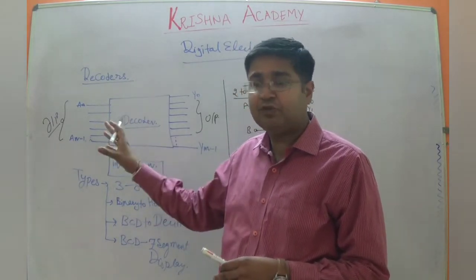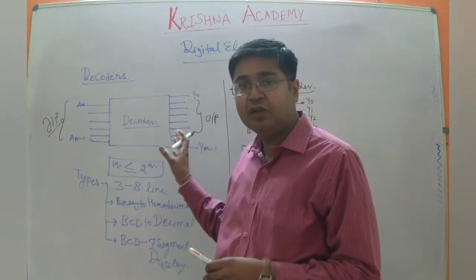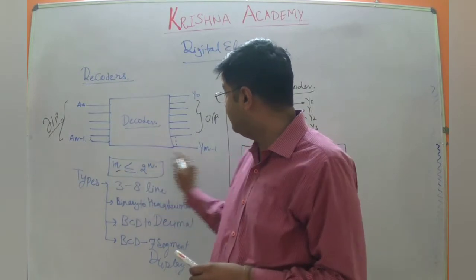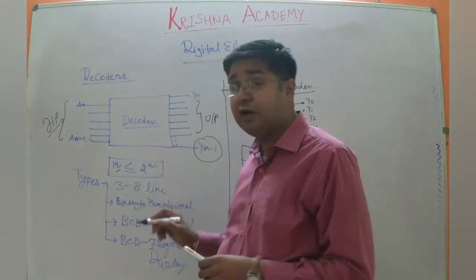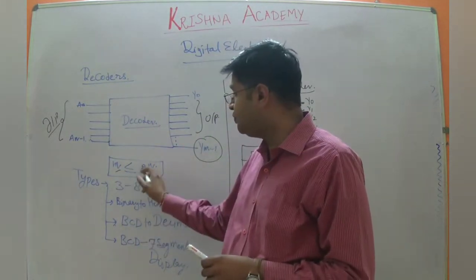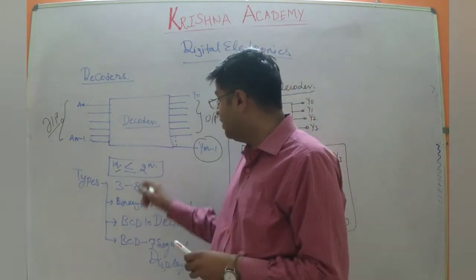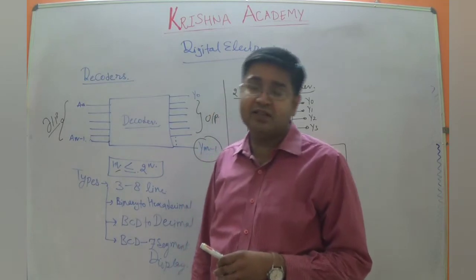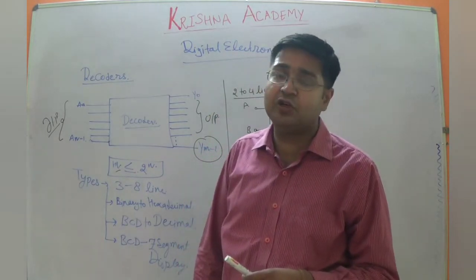A particular input was there and we are displaying that information. Now this M, let me mention, the number of outputs should be less than or equal to 2 to the power n. It cannot be greater than that. So this is the decoder circuit.